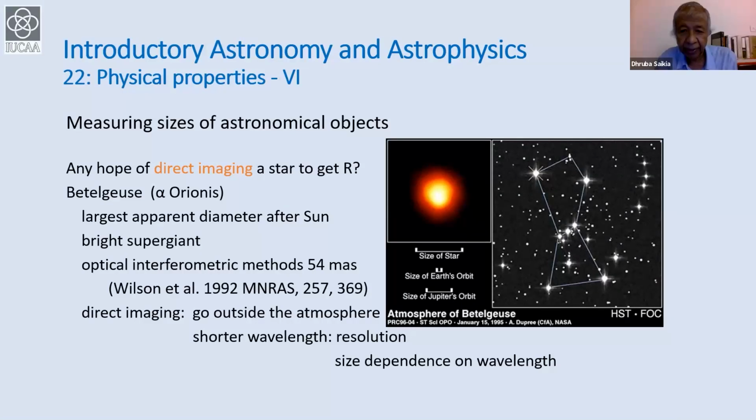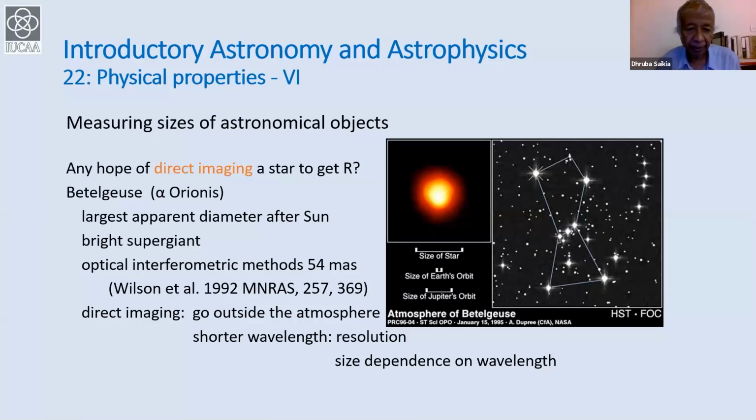You can see, by comparing the size of the star with the size of Jupiter's orbit, that it is larger than Jupiter's orbit. So it would engulf the entire solar system till about Jupiter. Saturn lies a bit beyond it, in this visible-ultraviolet image of the star.